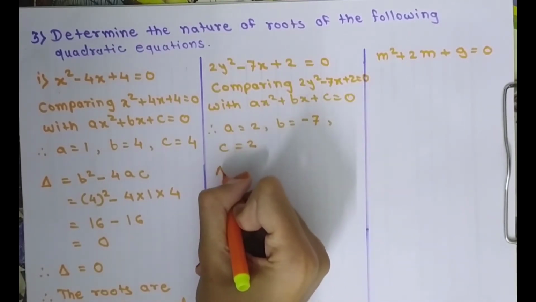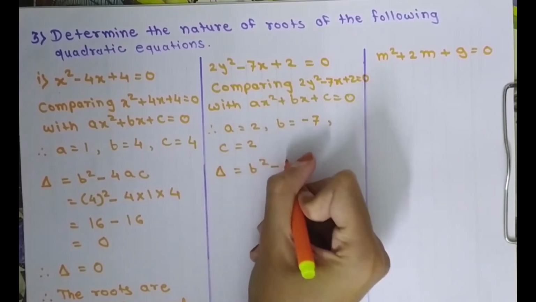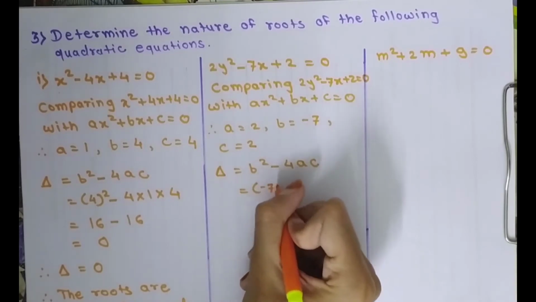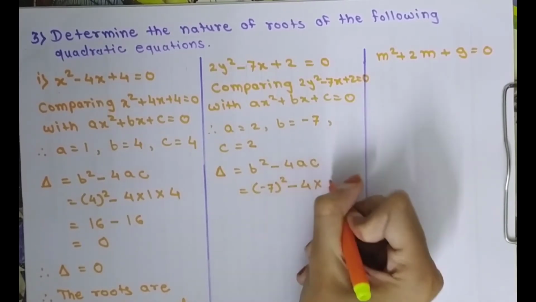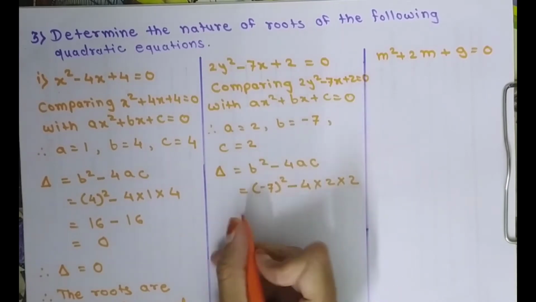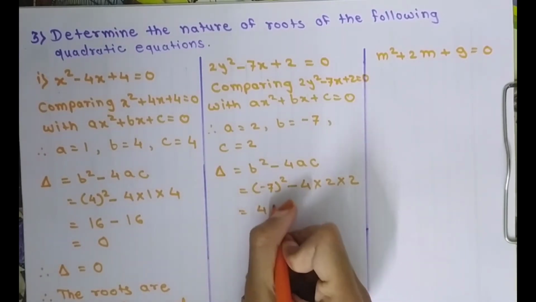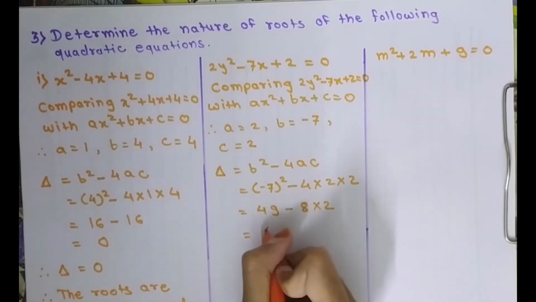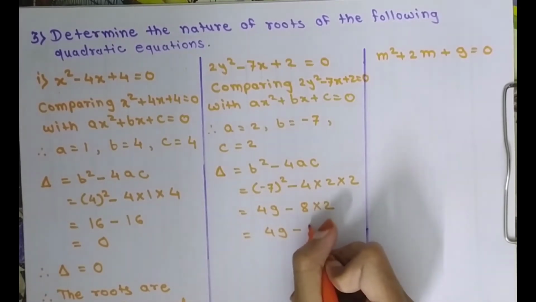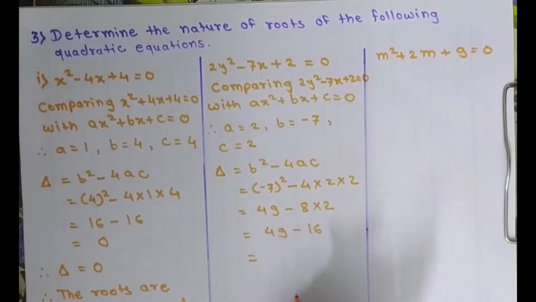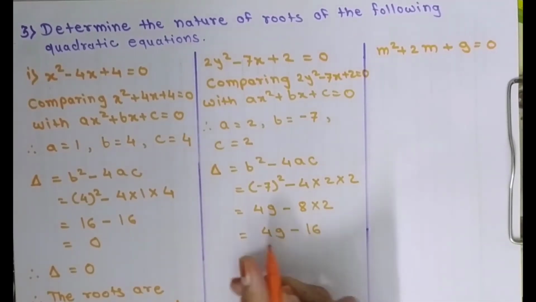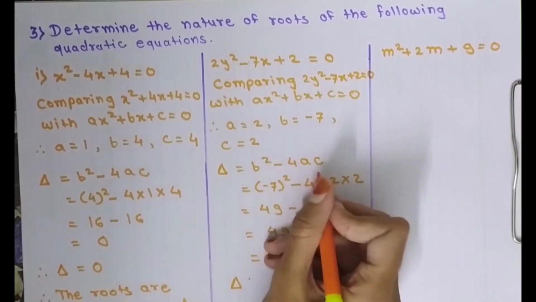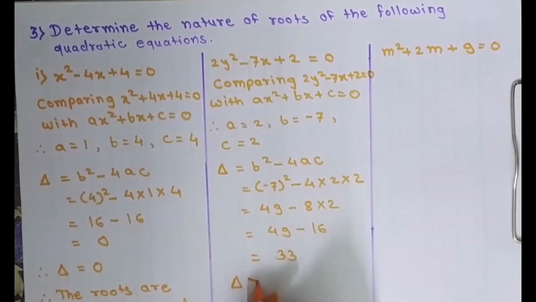So, delta is equal to b square minus 4ac. So, b square is what? Minus 7 square minus 4 multiplied by 2 multiplied by 2. So, 7 square is 49 minus 4 times 2 times 2, 49 minus 16 is equal to 33. The value of b square minus 4ac is greater than 0.